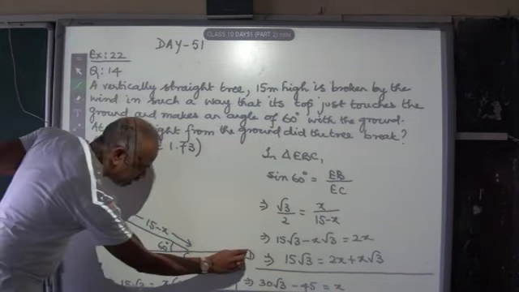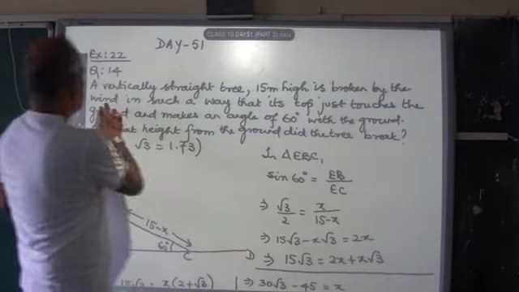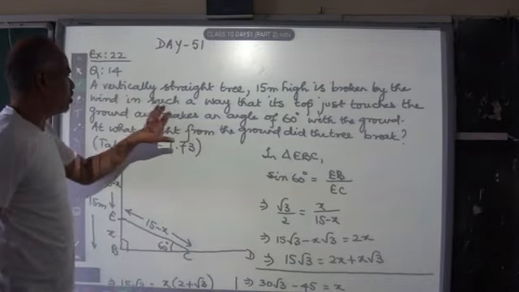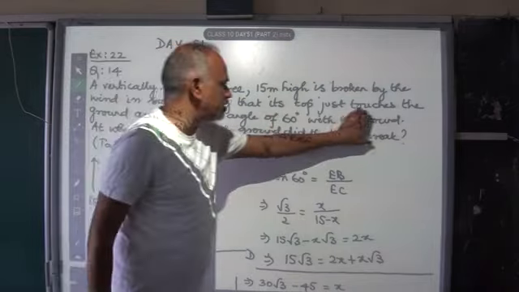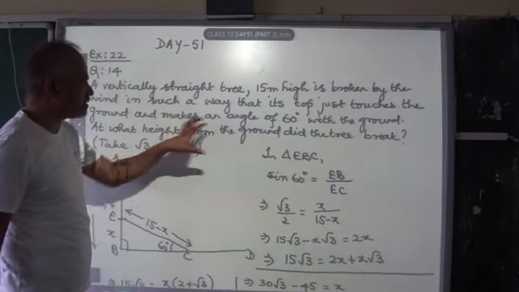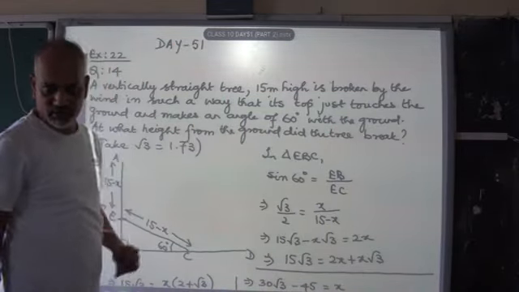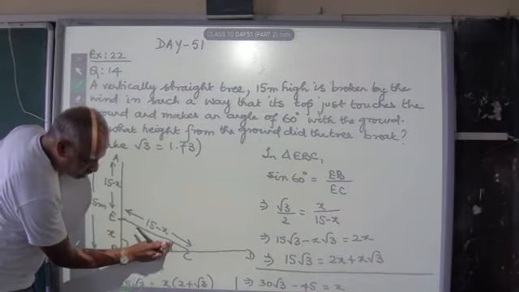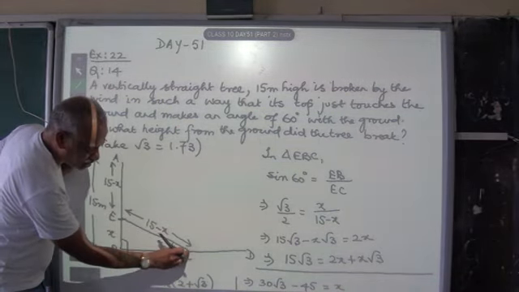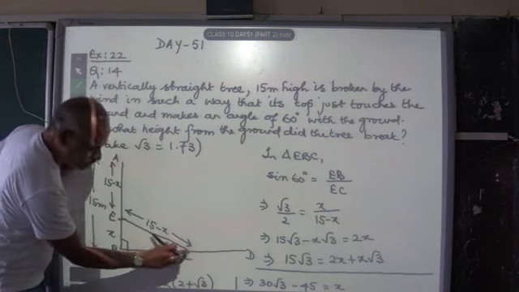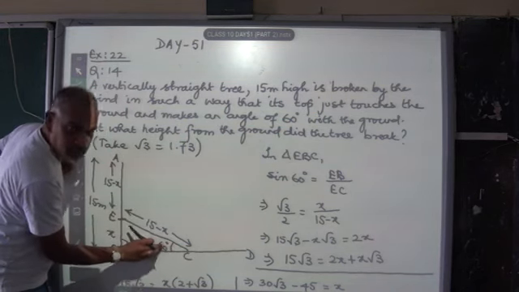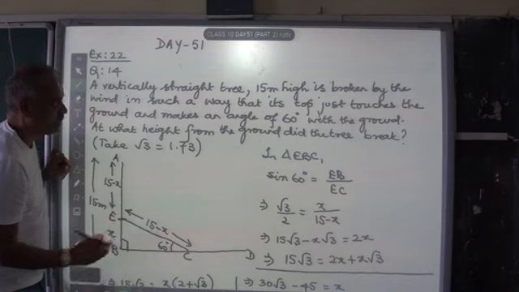And this is the ground, and it says it broke due to the wind in such a way that its top just touches the ground and makes an angle of 60 degrees with the ground. The top makes an angle of 60 degrees with the ground. This is the top. The same thing is here now. It makes an angle of 60 degrees with the ground.